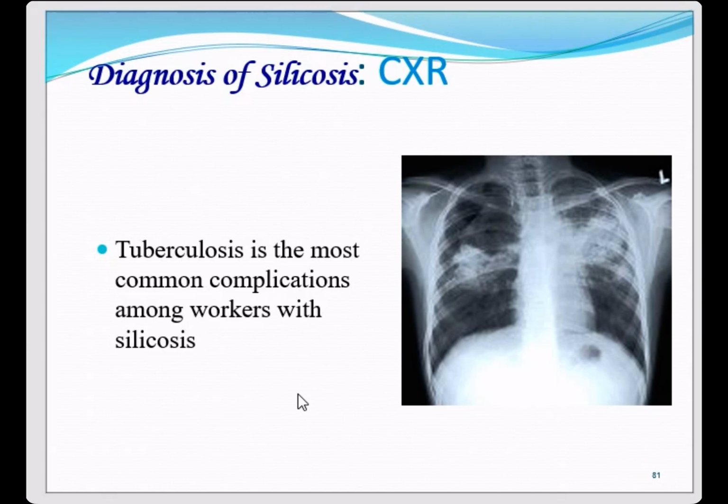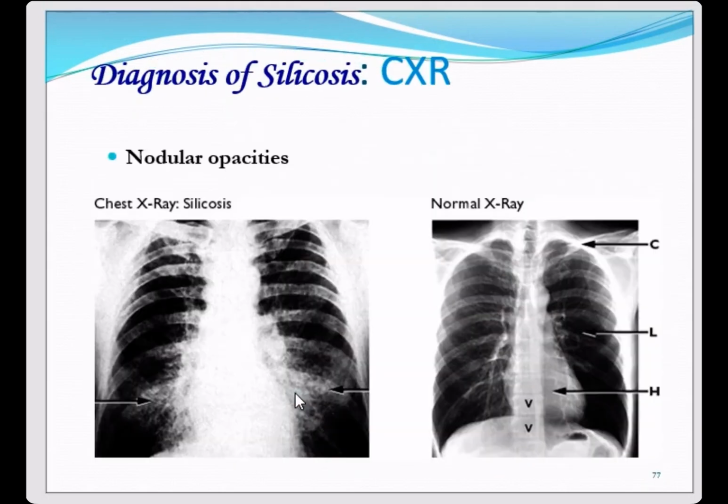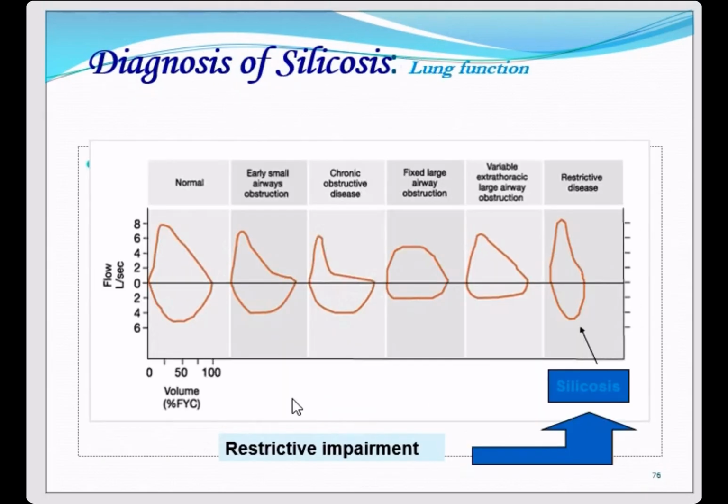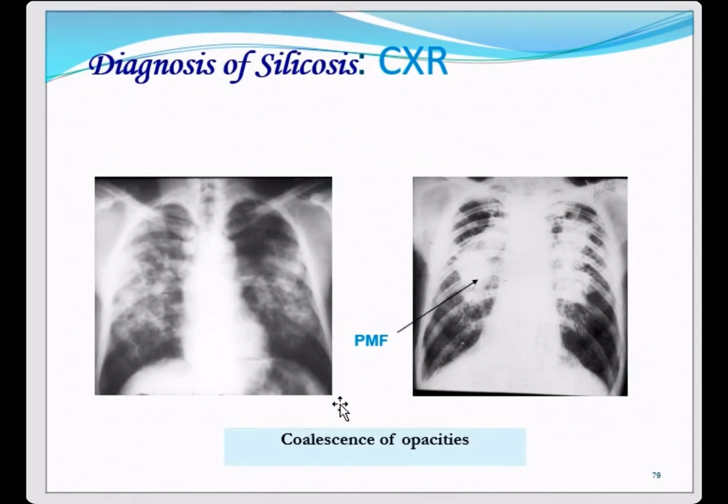The occupational history is quite important for a silicosis diagnosis. You may also do lung function tests. In the early stage, the silicosis patient shows normal lung function, but at last you may find a restrictive impairment. So this is the diagnosis and the symptoms of the silicosis patient.